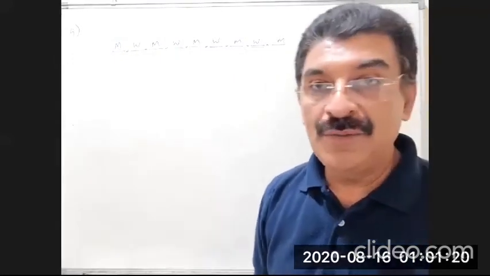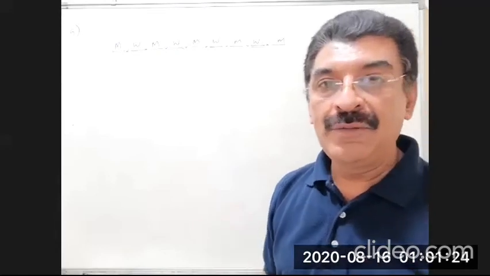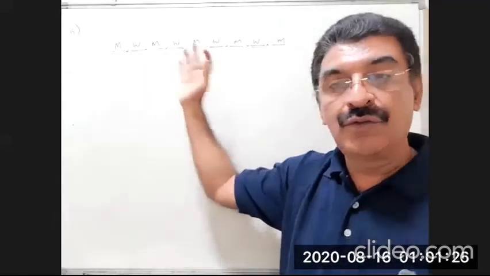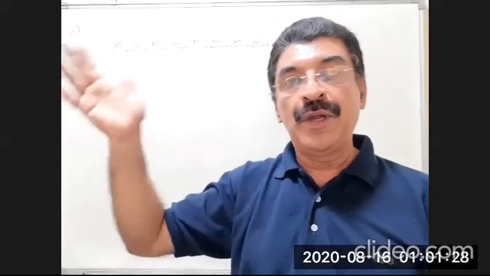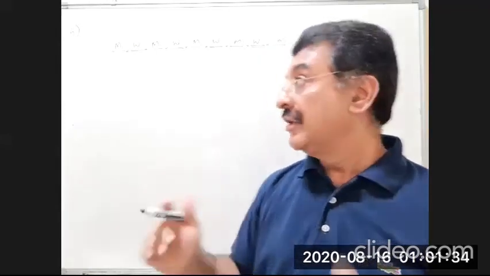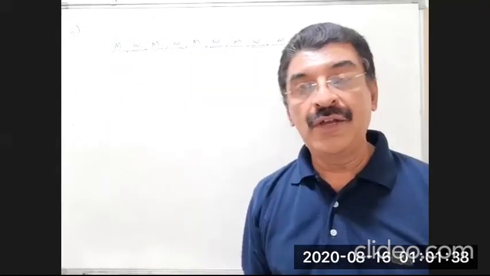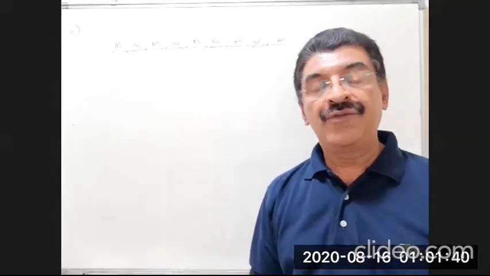So how many even places are there? 4 even places. How many women are there? 4 women. So these 4 women can occupy the 4 even places in how many ways? 4P4 ways. That is 4 factorial ways. The remaining 5 men can occupy the 5 odd places in 5P5 ways.